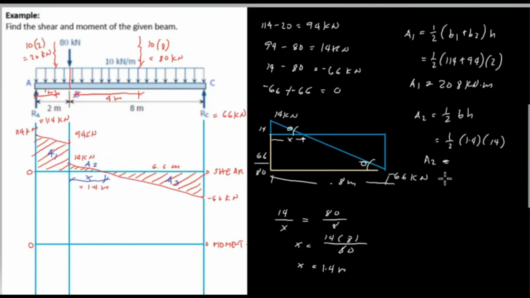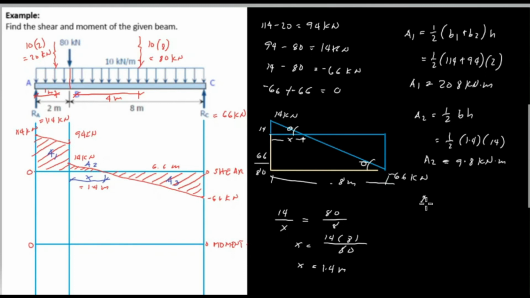So 14 times 1.4 divided by 2, and the value is 9.8 kilonewton meter. And the sign is positive because it is above the shear line.